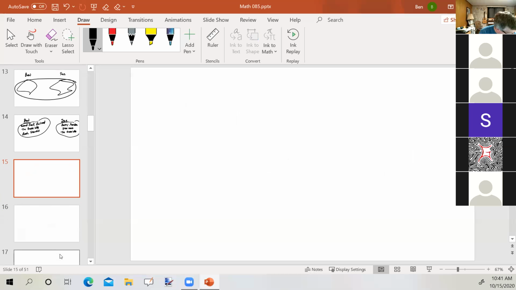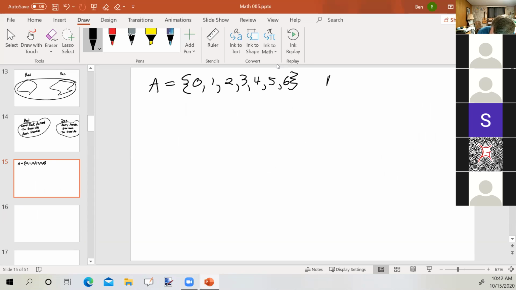Let's say we have a set, we're going to call it set A, and it has the following members or elements or numbers. And then we've got set B that has 4, 6, 8, and 10.